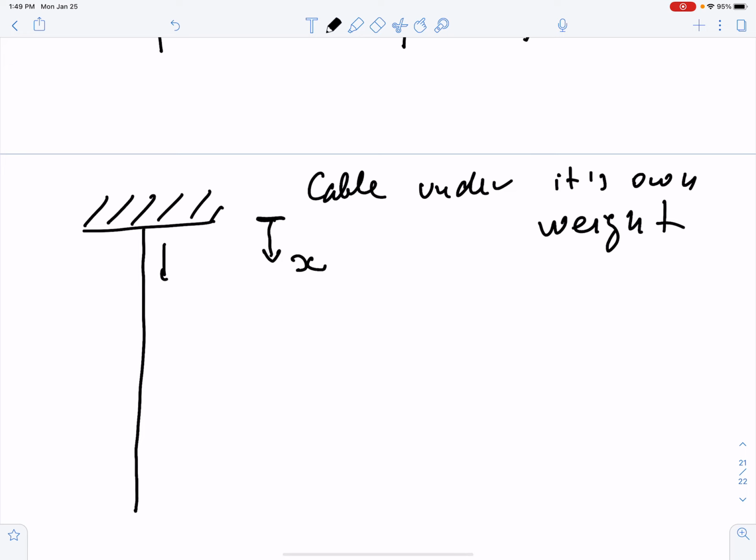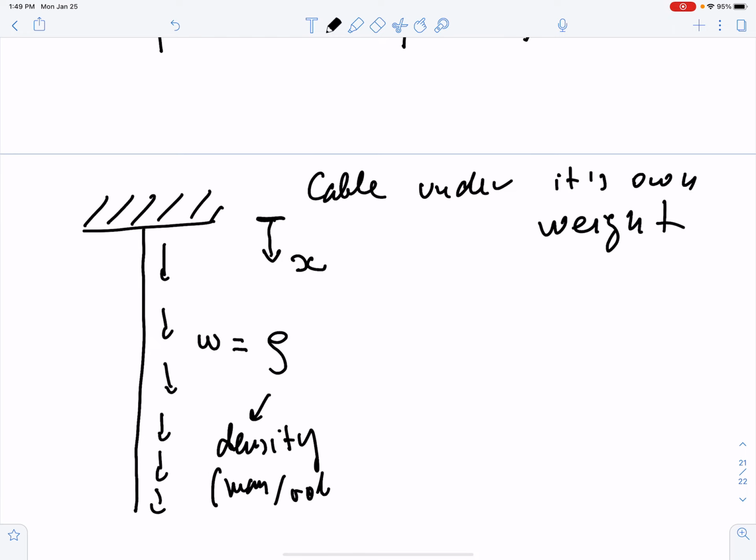And then we know that this guy is going to be subjected to the force of gravity, where I can express the distributed load W directly in terms of the density of the material, rho, density, in this case mass per unit volume. So you tell me this is a steel cable, I'm going to use the density of steel at a given temperature, room temperature, for example, right?